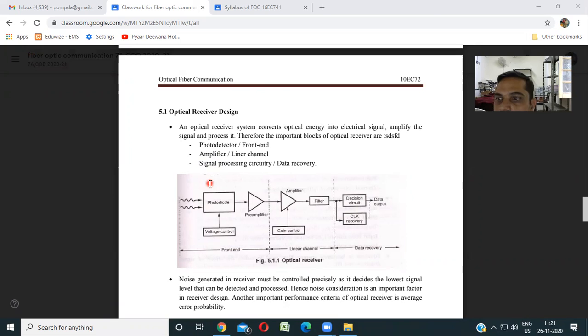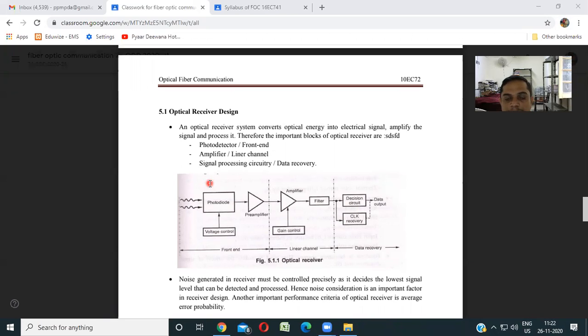In module 3, we have the optical receiver design discussion. Any optical receiver system is a very important block of any optical fiber communication network. Its work is very important because it has to convert the optical energy. In the transmitter we have the electrical signal converted into optical photons.